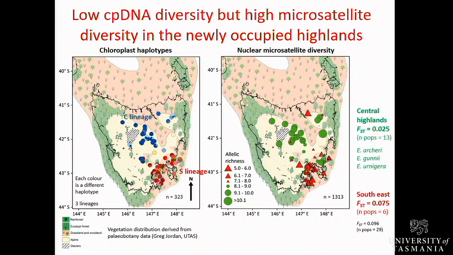Compared with the southeast, where gunnii and Ernidra occur, there's a higher FST among those populations. And also when we compare the pairwise FST between co-occurring populations of gunnii and archeri in the Central Plateau versus the southeast, we see a big increase in FST in the southeast.